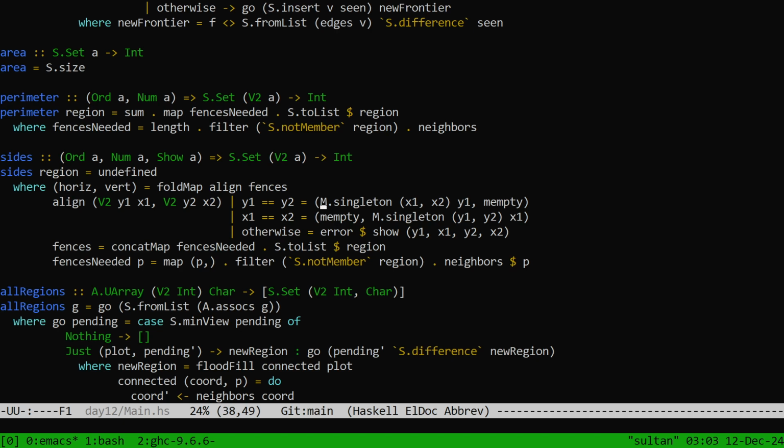I could produce a list of pairs of X pairs and Y values, and then do fromListWith on each. I think that's okay. Yeah, we'll leave them empty there.